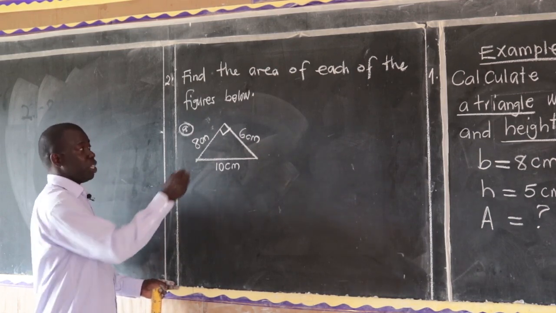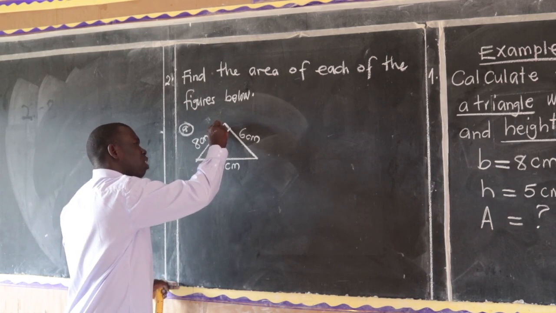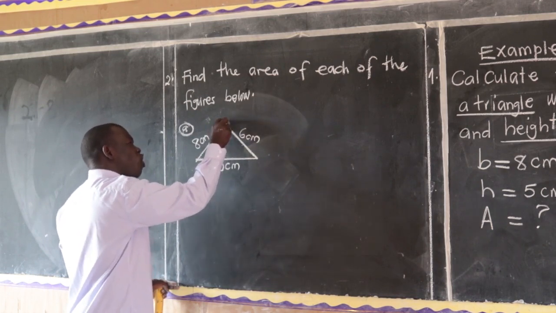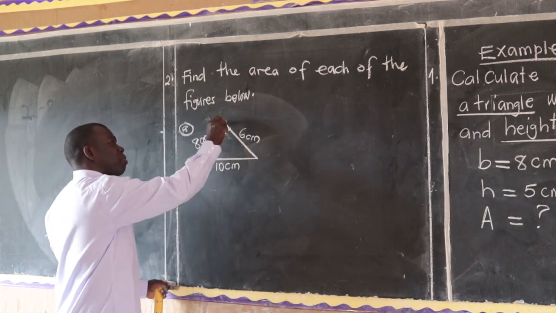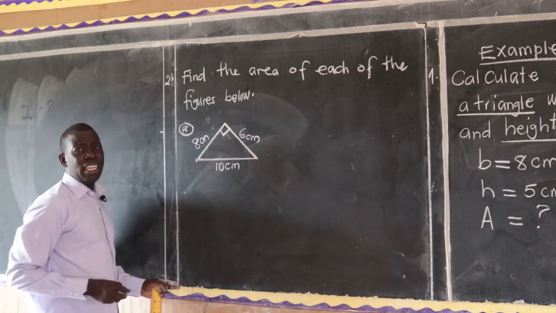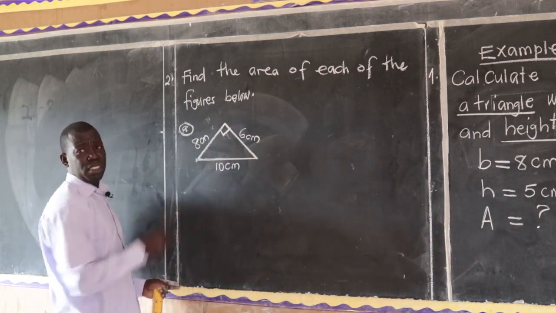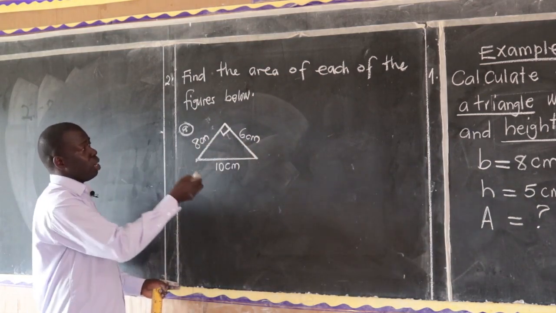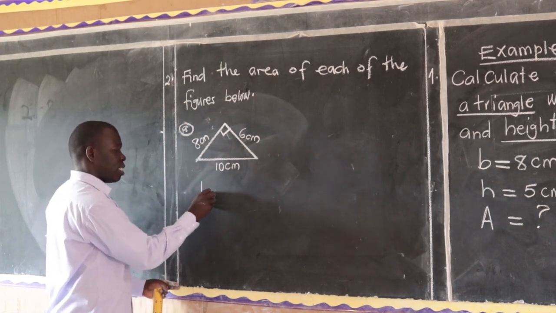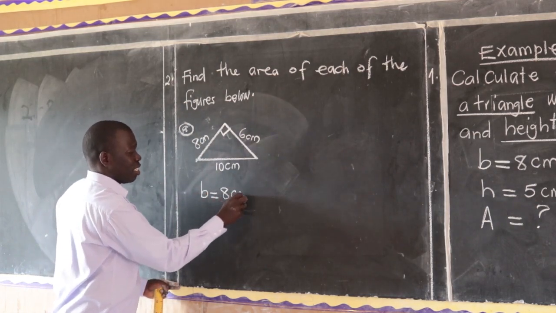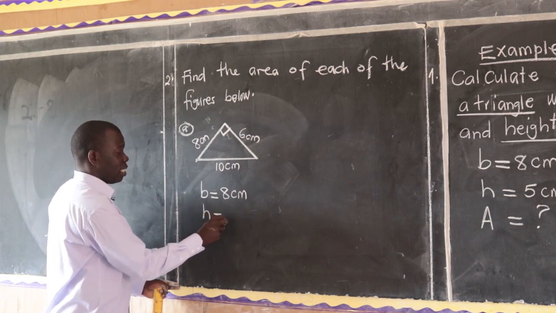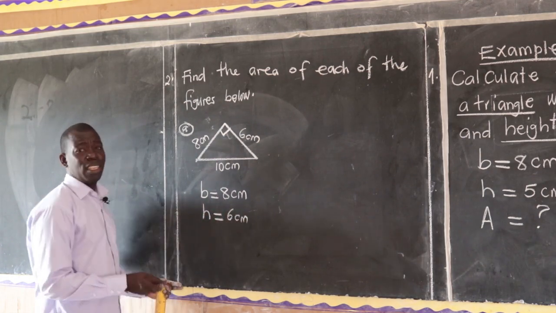Good. Without wasting time, here, looking at this as our right angle, I think you'll not be penalized if you use any of this as the base. Probably, we can have the base as 8 centimeters. The height is 6 centimeters.